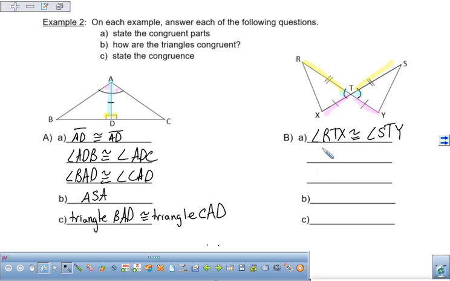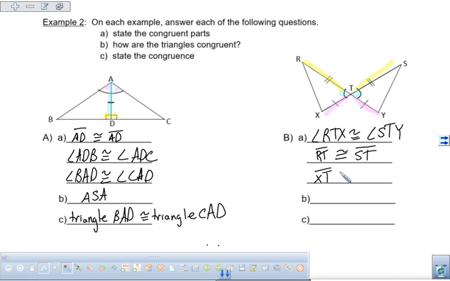So that's segment RT being congruent to segment ST, and segment XT being congruent to segment YT. And we have two sides including an angle, so we'd have side angle side, and triangle RTX is congruent to triangle STY.